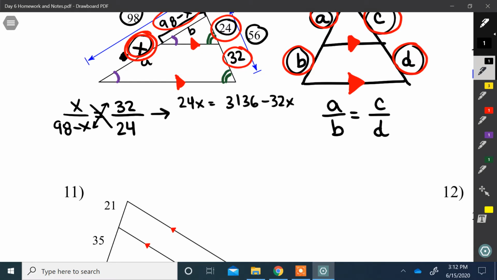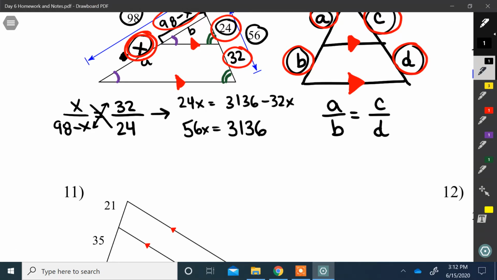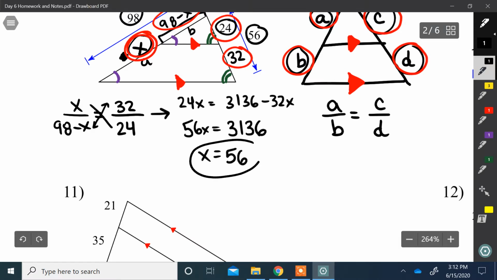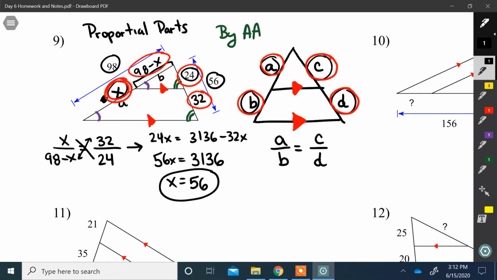We can add 32x on both sides, so 32 plus 24 should be 56x is equal to 3136. 3136 divided by 56 should be, oh, you actually get 56 as well. If that was a little confusing, it will get a lot easier, guys. I guarantee you.